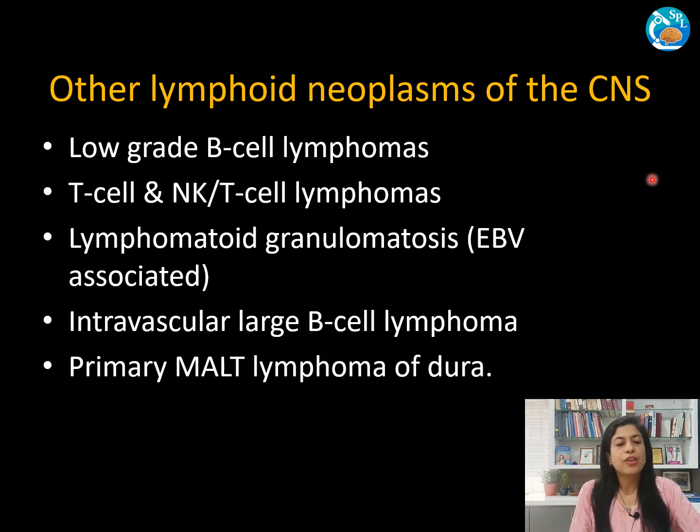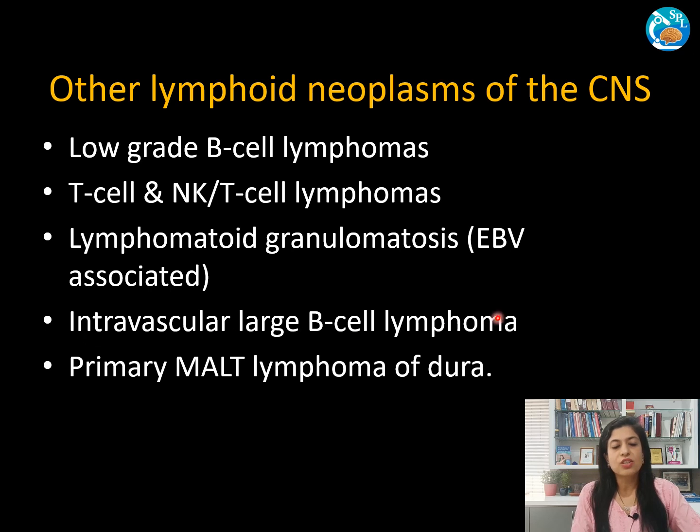This is basically a very aggressive tumor, and the other lymphoid neoplasms of the CNS are low-grade B-cell lymphoma, which is not as aggressive as diffuse large B cell type. T cell and NK T cell lymphomas are aggressive tumors. Lymphomatoid granulomatosis is usually associated with Epstein-Barr virus.